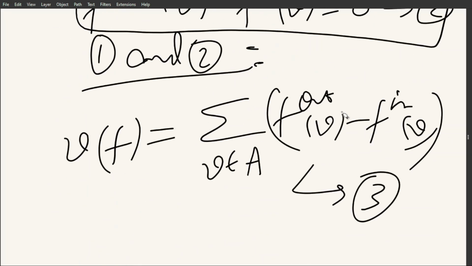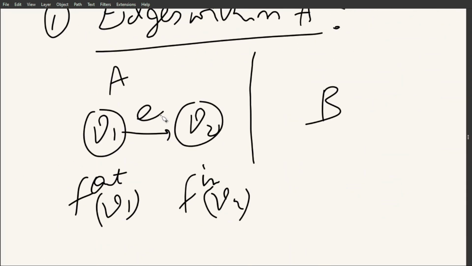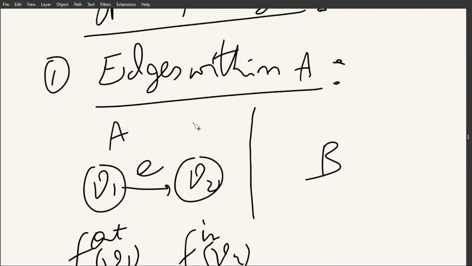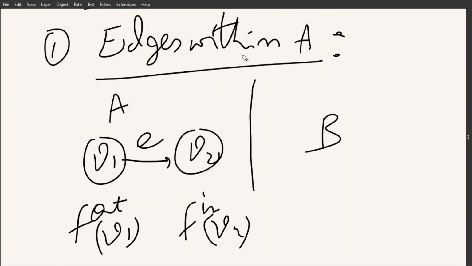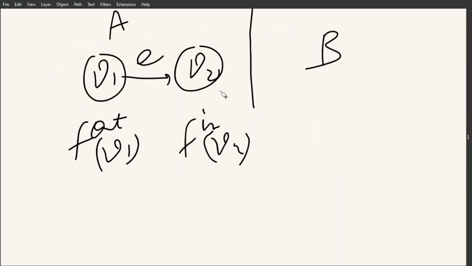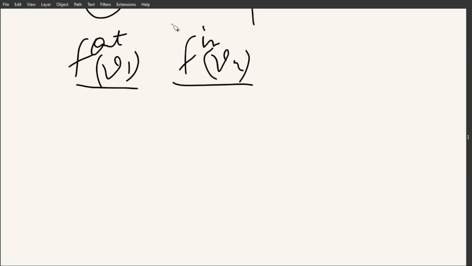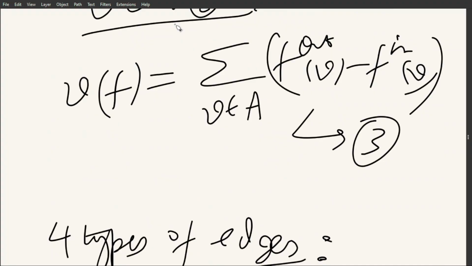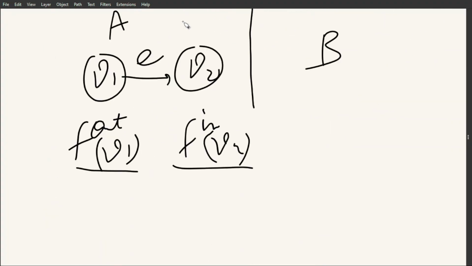In this sum, V varies over all the vertices within A. We consider the contribution of each edge, how much it contributes. So for a single edge within A, both V1 and V2 are within A. The contribution in this third summation, in equation 3, is Fe.